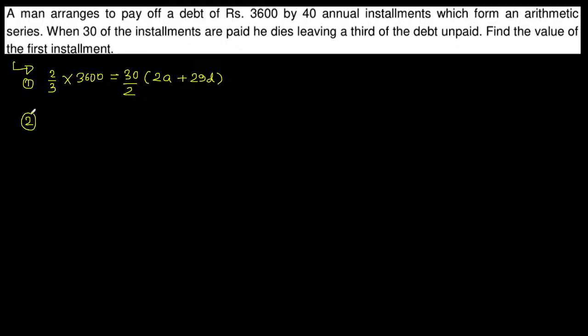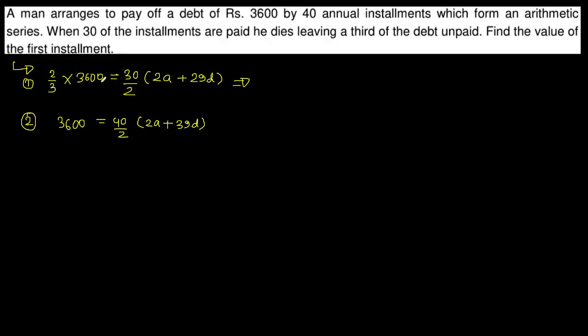Second equation: 3600 is equal to 40 by 2, 2a plus 39d. We have two equations.